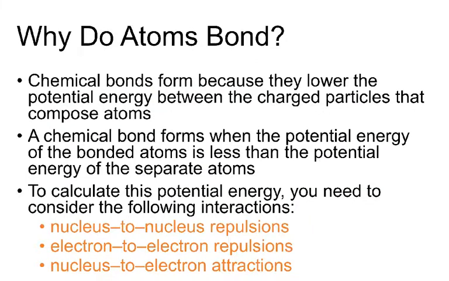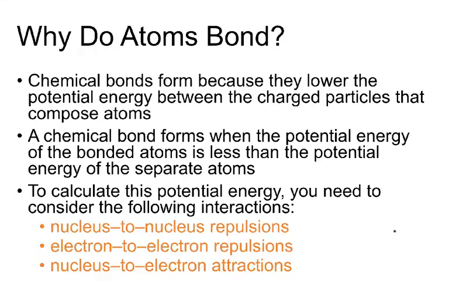So let's talk some background about why atoms bond together. This all goes back to energy. So chemical bonds form because they lower the potential energy between the charged particles that compose atoms. So, if the potential energy of the bonded atoms is less than the potential energy of the separate atoms, a bond will form.